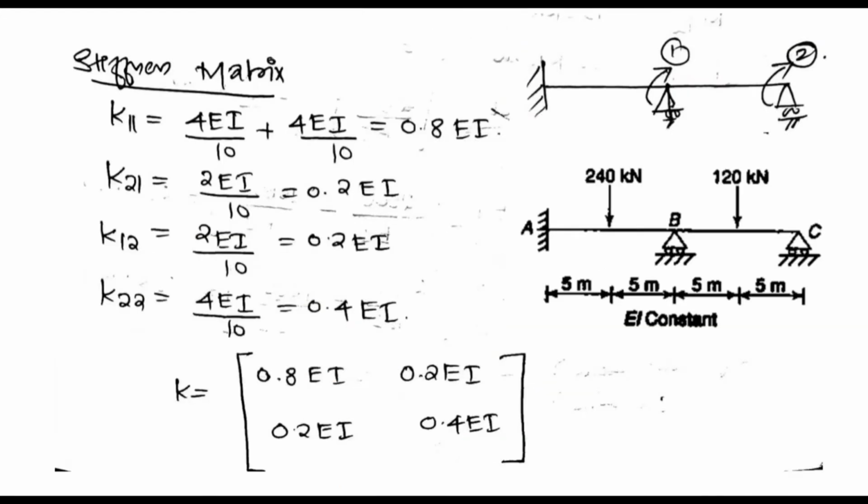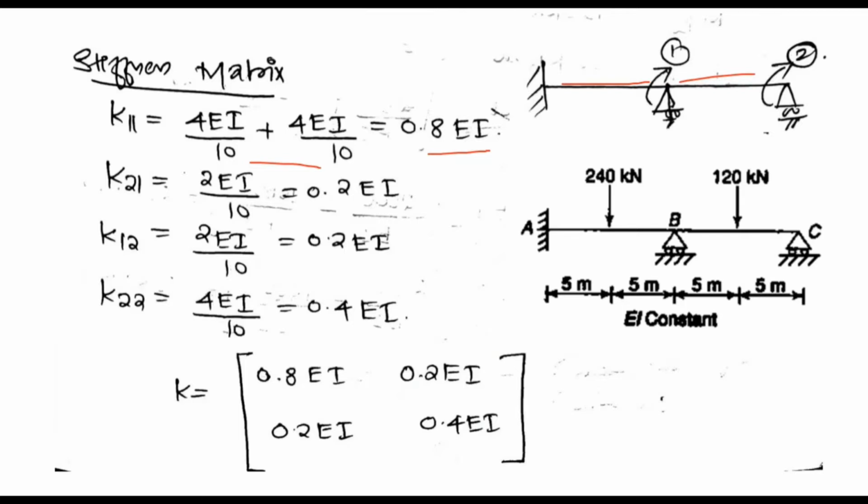The next step is to find the stiffness matrix. K11, that is, the effect on coordinate 1 due to the unit displacement at coordinate 1. Since it has both the effect of AB and BC, we need to add up the values, thus getting a value 0.8 EI. K21, effect on coordinate 2 due to the unit displacement at coordinate 1.